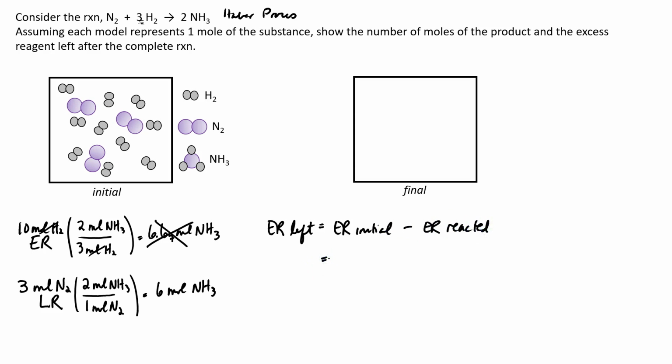So the initial moles of hydrogen that we have here are 10. And then to figure out how many moles of hydrogen reacted, we have to start with the limiting reactant. So again, we had 3 moles of nitrogen.